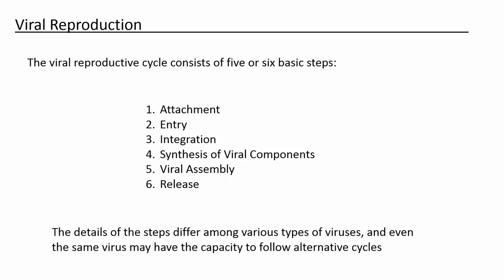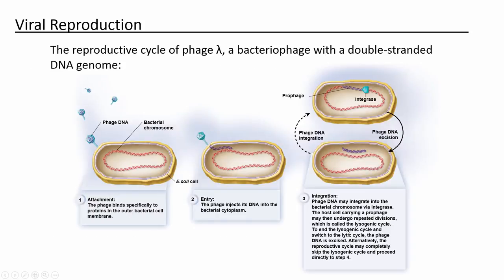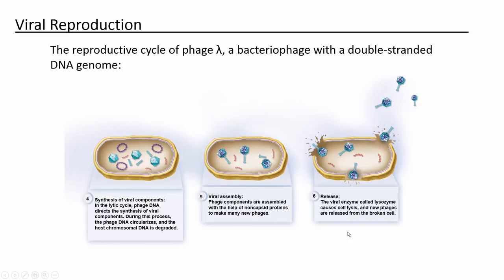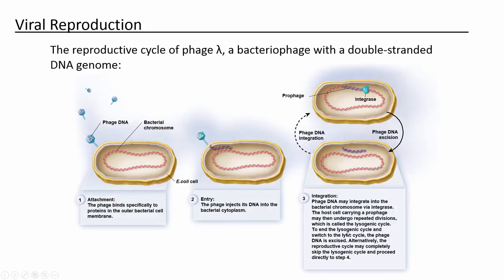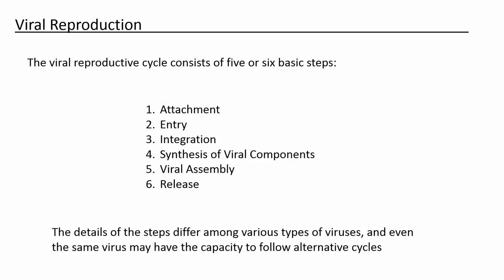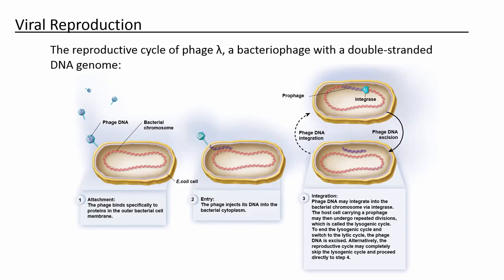As I'm describing each stage, the next slide and the slide after it take you through the steps of phage lambda infection of a bacterial cell. So the first 2 slides after this slide show you the reproductive cycle of phage lambda.